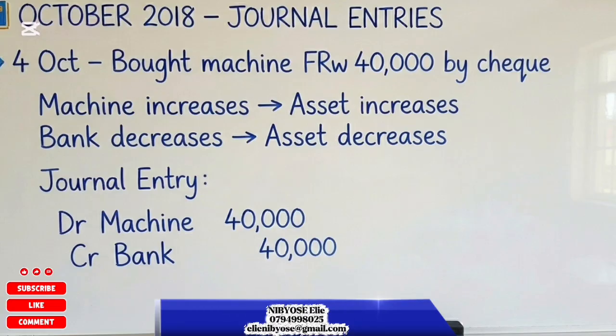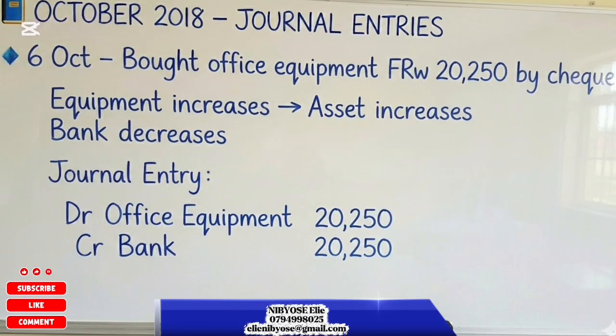So let's move on to the third transaction that took place on the 6th October, where the company bought office equipment of 20,250 Rwandan francs by check. This means the office equipment increased. Remember that these equipments are in the form of assets, which means when an asset increases, we debit.